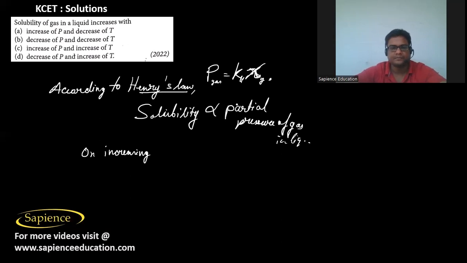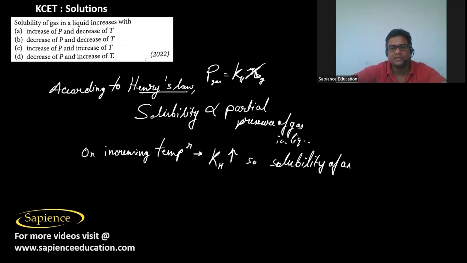So on increasing the temperature, the value of kH will increase. It means the Henry's constant increases, and so the solubility of the gas, or the mole fraction of that gas in the solvent, will decrease.